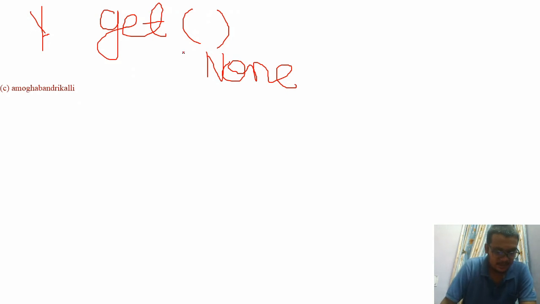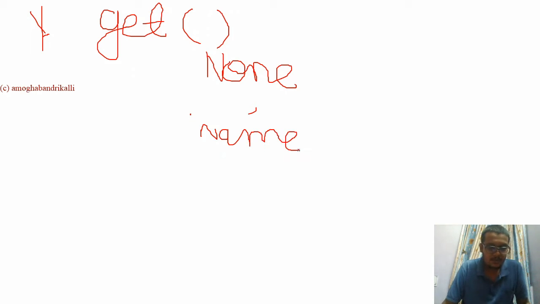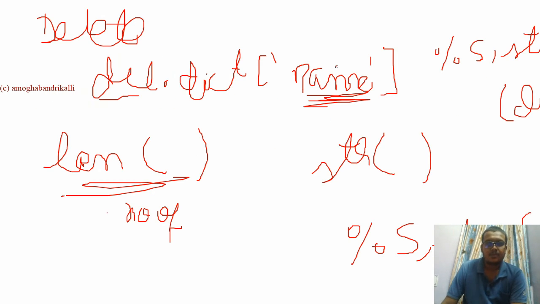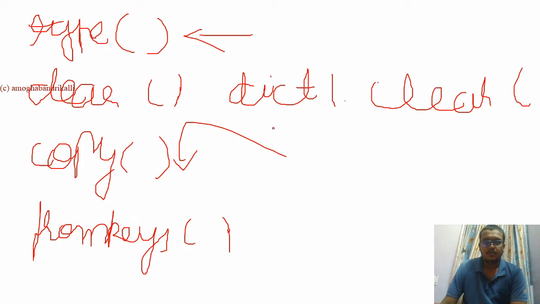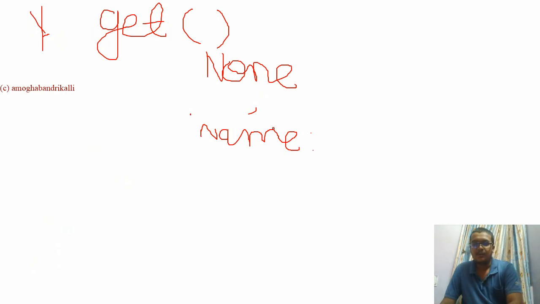So whatever key we give it, say name, it is going to return the value of this name, which is what is inside the dictionary. That key's value will be returned by using this get command.